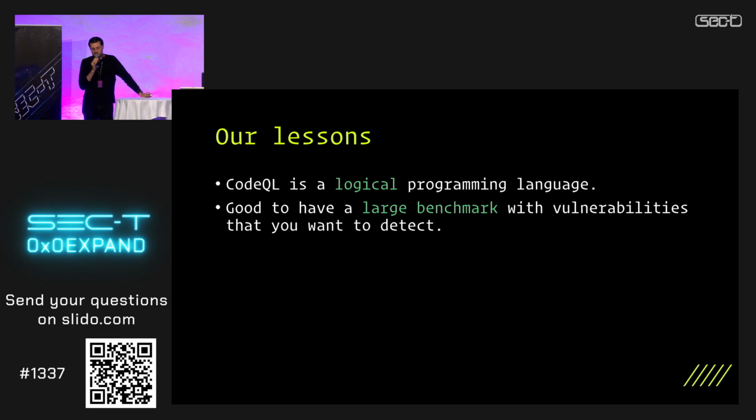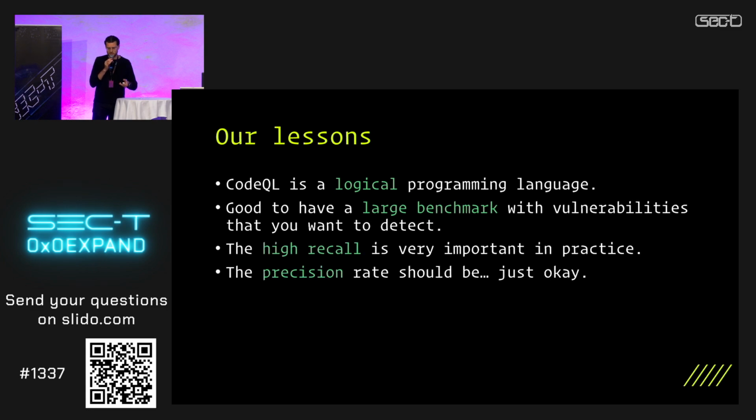It's good to have some large benchmark with the vulnerabilities that you want to detect before you start to use CodeQL. It's good to have regression testing if you make changes in the queries. And also you can calculate the recall and precision metrics.